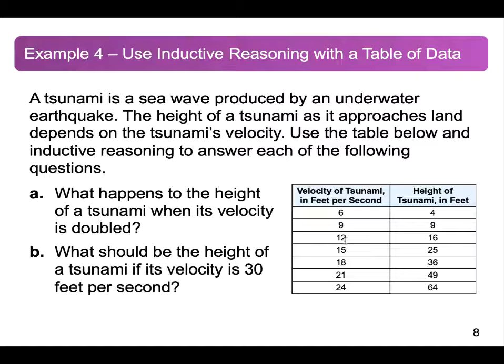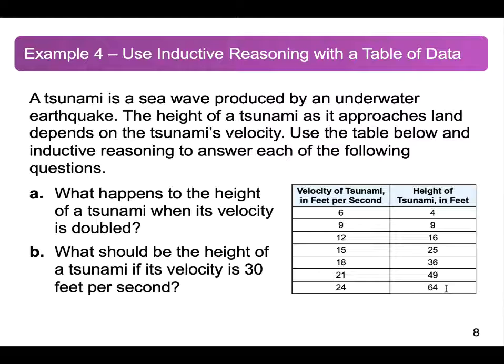If I look at 12 and 24, my height is 16, then my height is 64, which again is multiplying by 4. So now I have 3 specific examples that all hold the same pattern. Inductively, I can assume that the rule here is that when you double the velocity, you quadruple, or multiply by 4, the height.